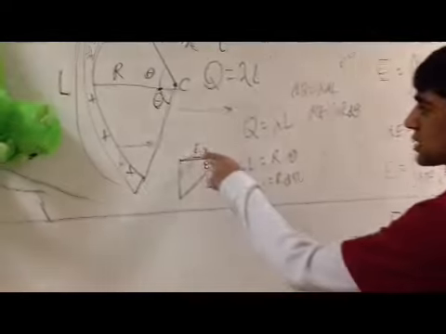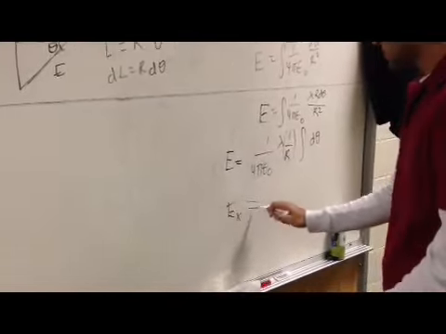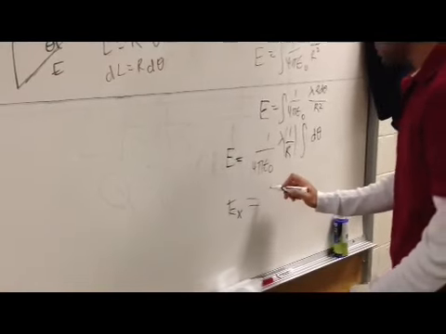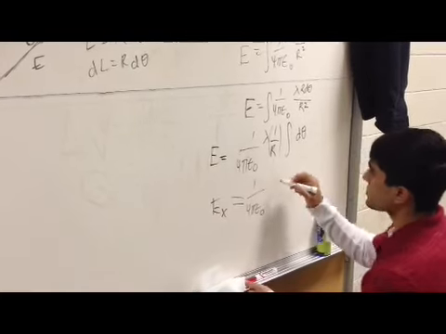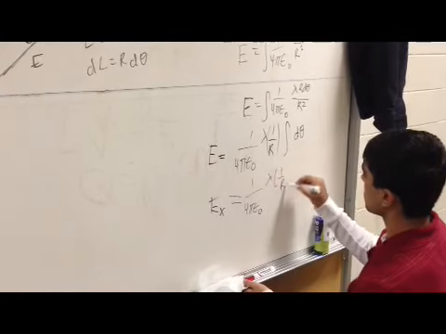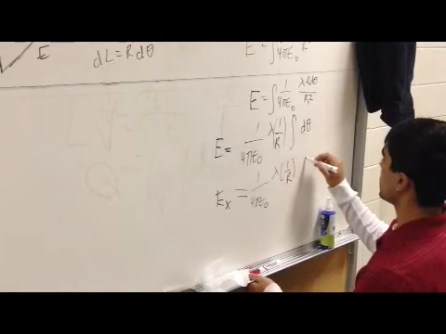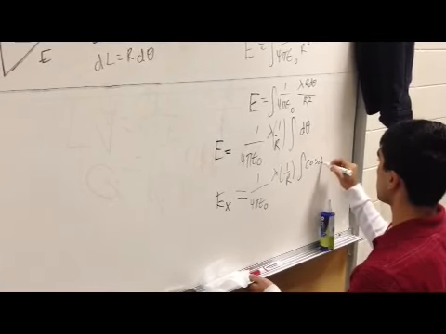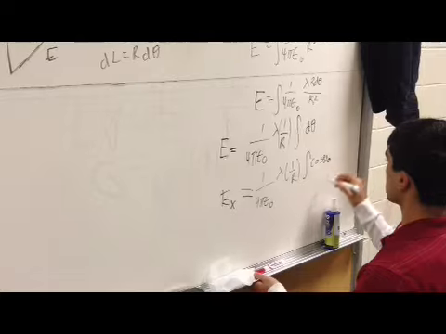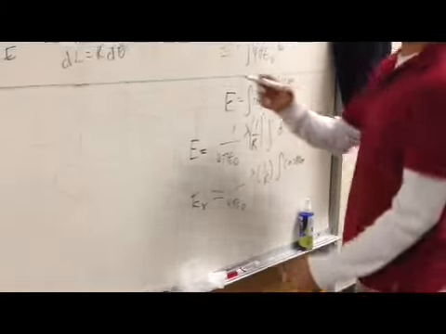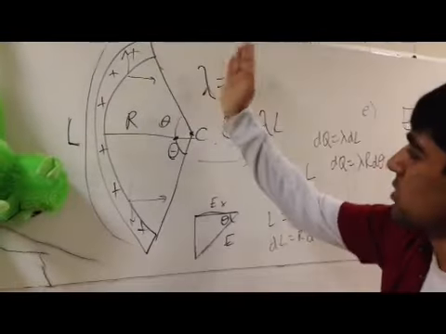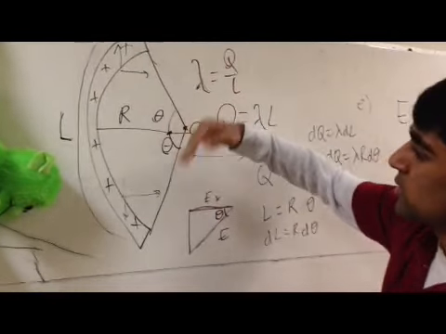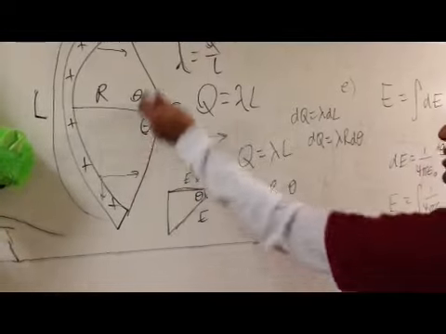So it would be EX equals E times cosine theta. So EX equals 1 over 4 pi epsilon naught lambda 1 over r times integral of cosine theta d theta. And the limits are going to be from negative theta to theta because you're starting from here and going this way or you're going this way. It doesn't matter. So it's negative theta to theta.